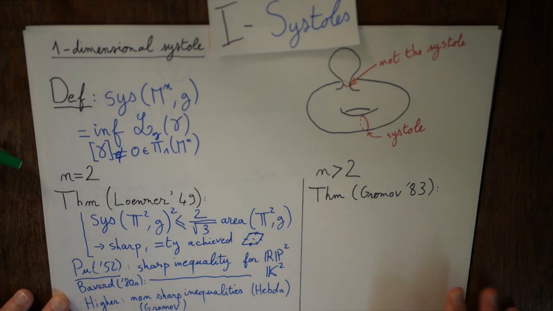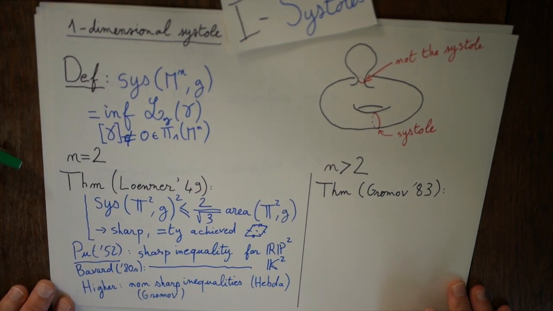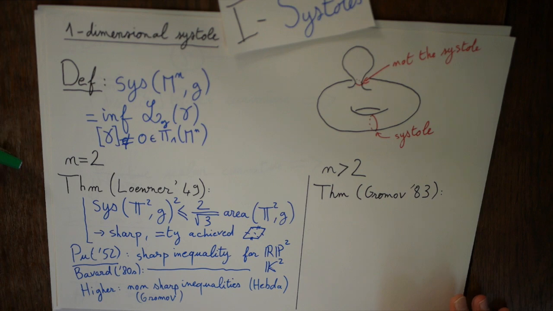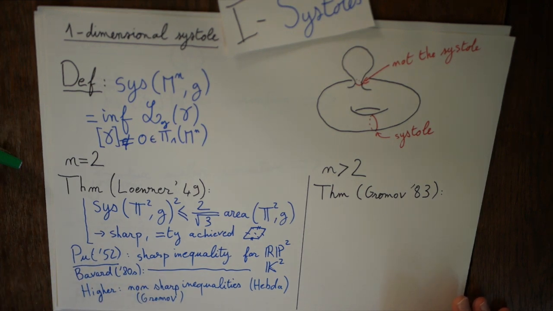Both Hebda and Gromov were in the 80s. Gromov had a genus dependent inequality, but where the constant improved with the genus.